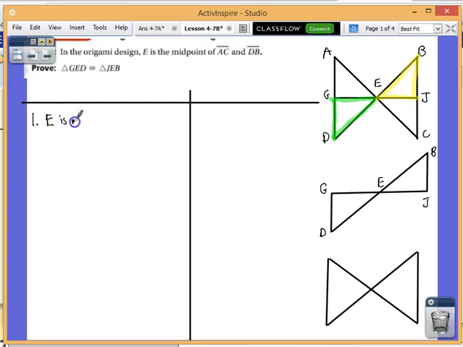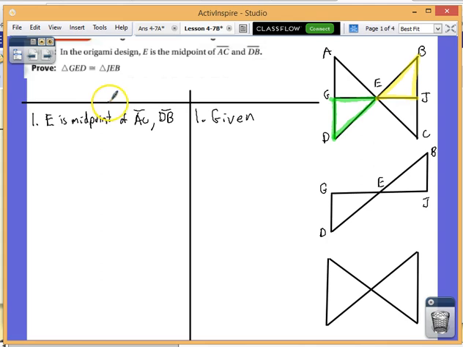E is midpoint of AC and DB. Now, that's my given information, so my brain is already starting to trigger here. Surely they wouldn't give me any information that I would never possibly use in my proof.